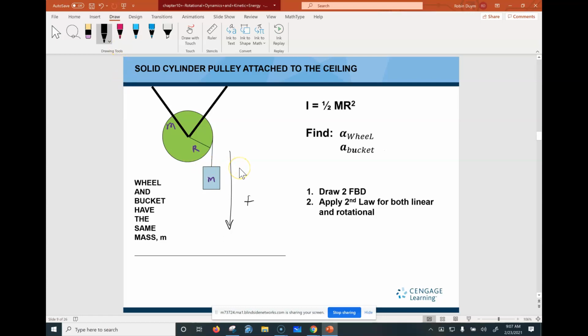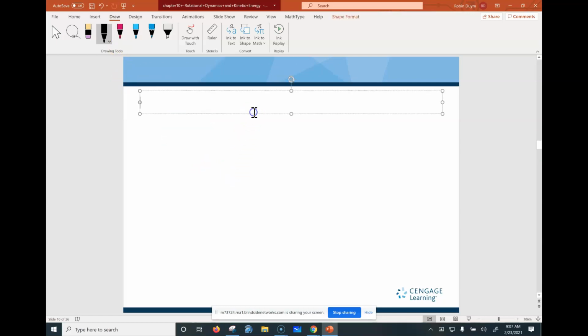So start with your two free body diagrams. We're going to have our force of tension up, and we're going to have our gravitational force down. In this case, both the bucket and the wheel have the same mass, so it's going to make it a little bit easier.